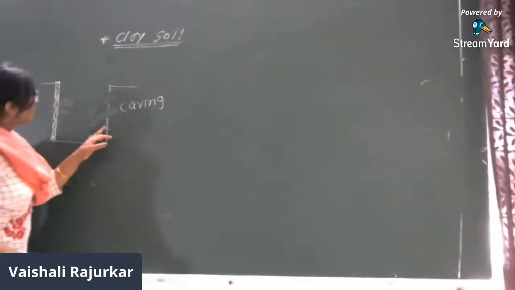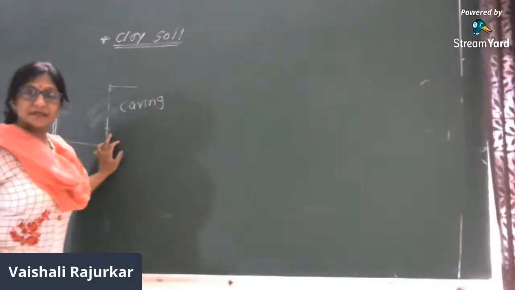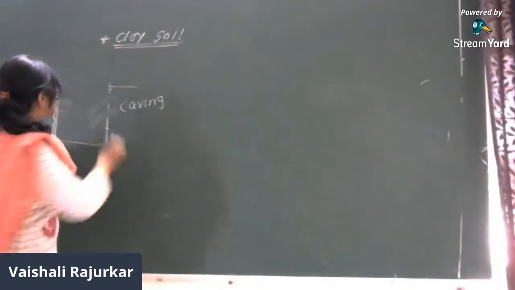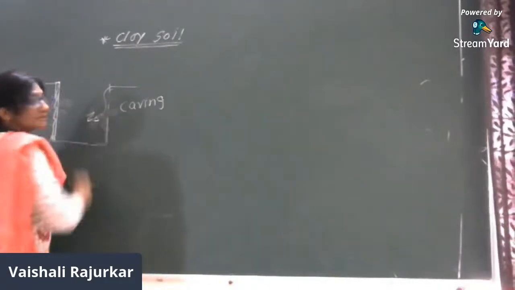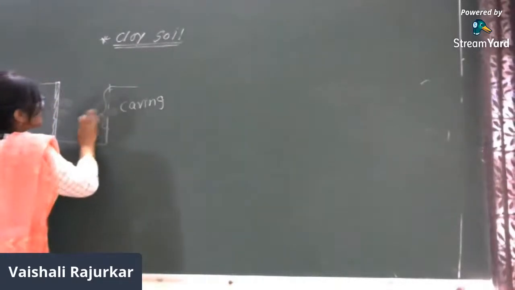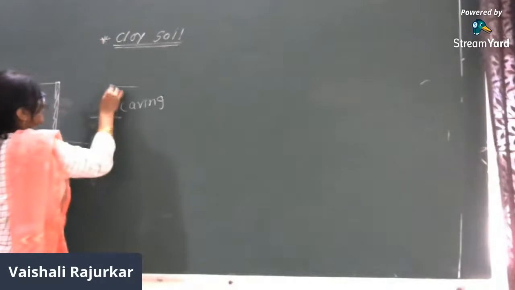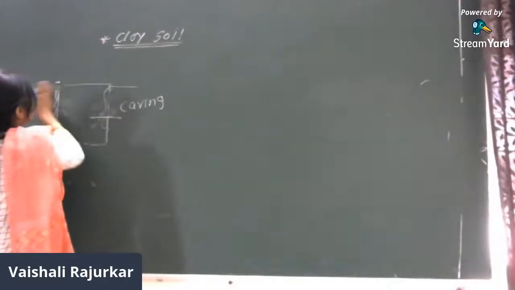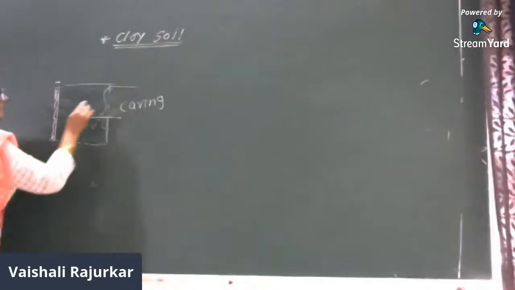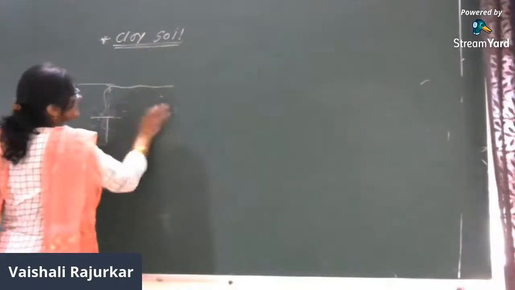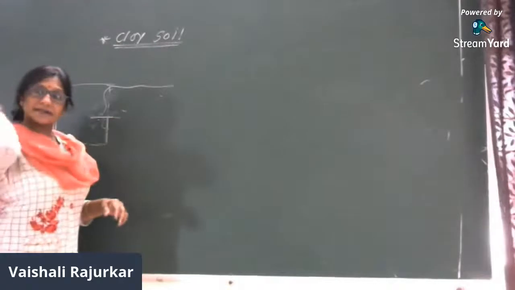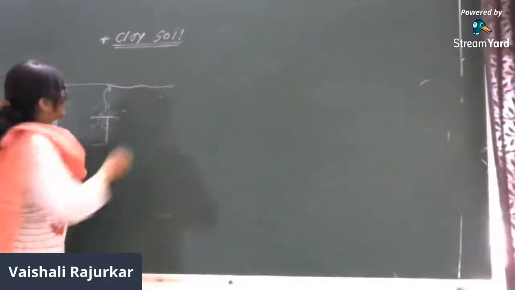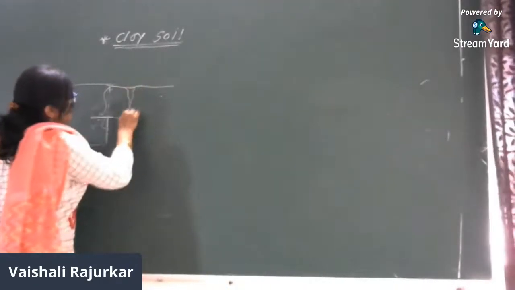So this is the excavation. How is this depth decided? This depth is considered as ZC, where the depth of the potential crack is an important criterion. One more thing, suppose this is the black cotton soil, and in the summer season when water is getting evaporated from the soil, there may be a formation of cracks.